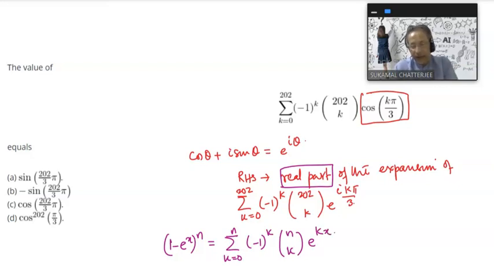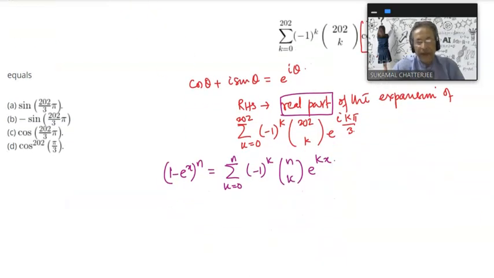So if I put that, I get the given expression as, here we can assume that x is equal to i pi by 3.